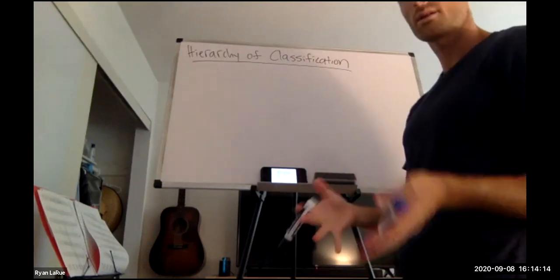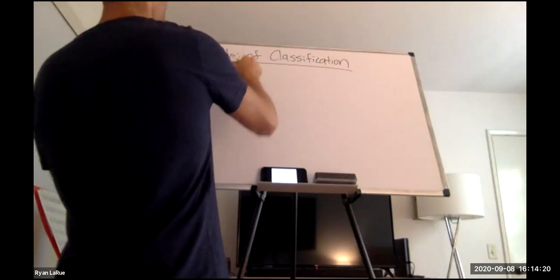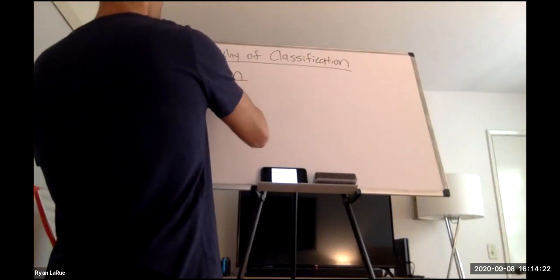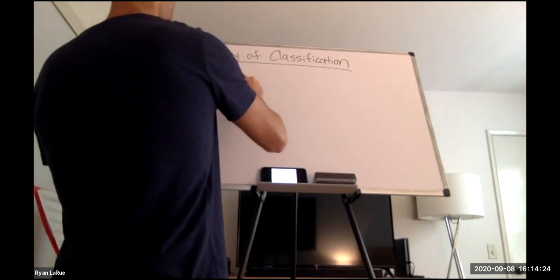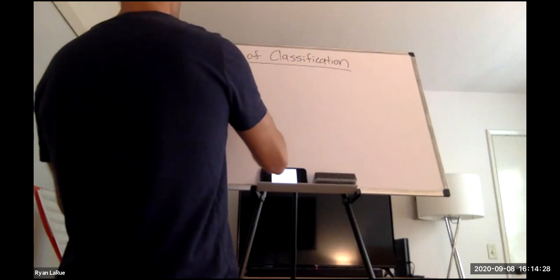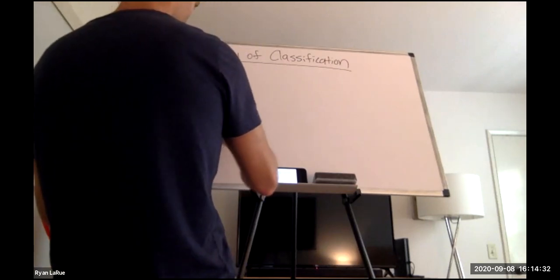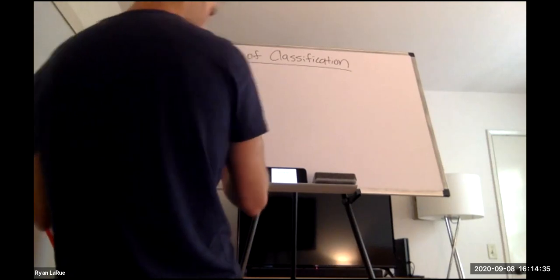And the order goes like this. Domain, kingdom, phylum, class, order.